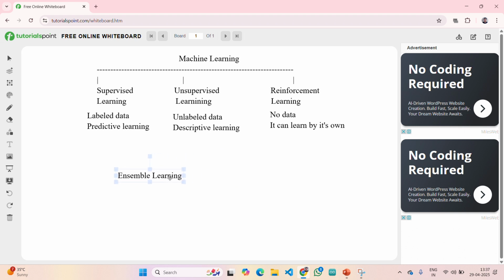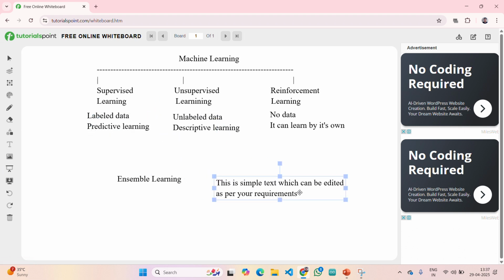But for ensemble learning, what we perform is this: you are going to have the datasets, you divide the data, and we apply different ML algorithms to it.